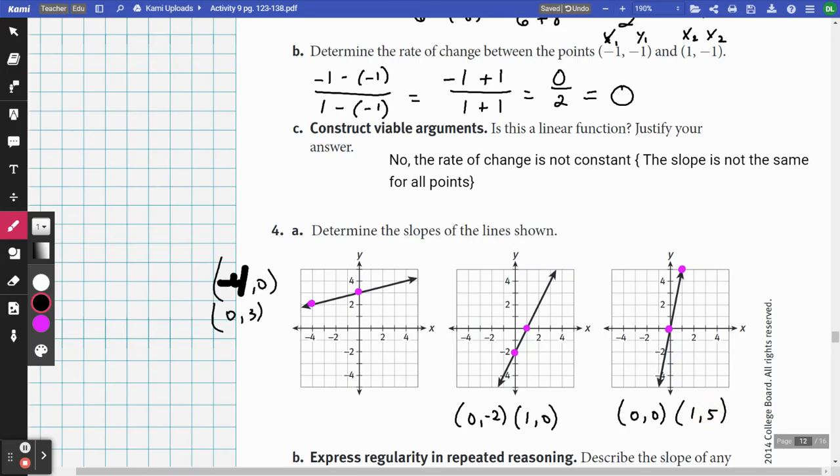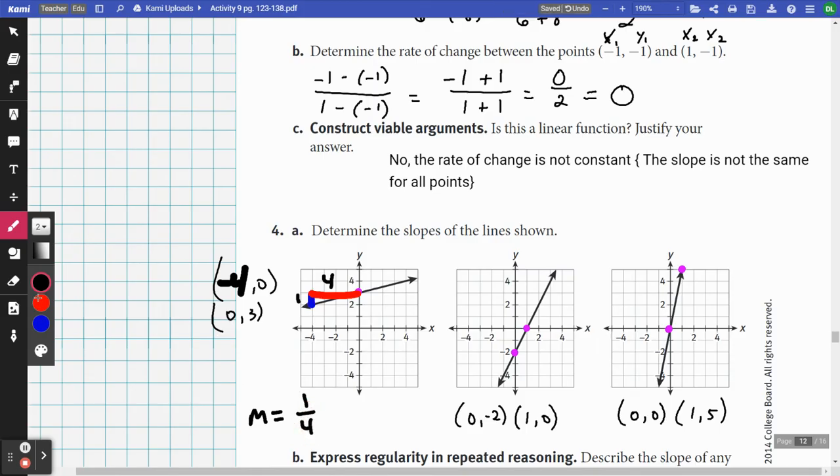If I get a graph, I'm doing rise over run, and I'm doing it every time. I am going up 1 and over 4. So my slope for this is 1/4.